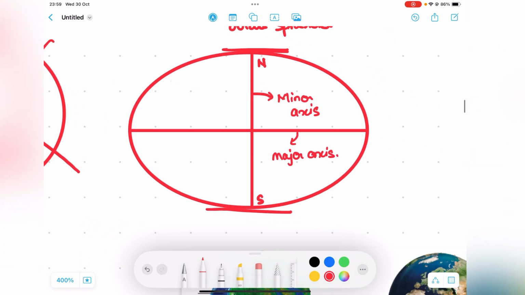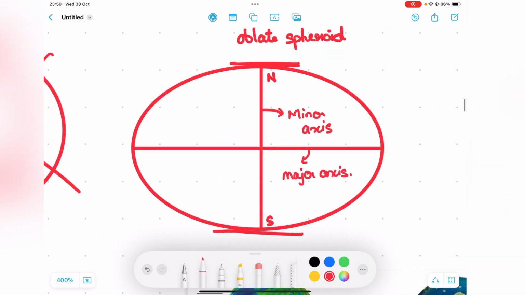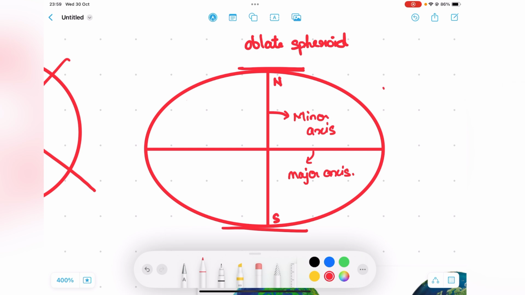Fine. The minor axis is smaller than the major axis. This is very evident with the diagram we've drawn because the Earth is squished from the top, from the poles, and it is bulging from the sides. Think of a ball that you press vertically downwards, along the poles.